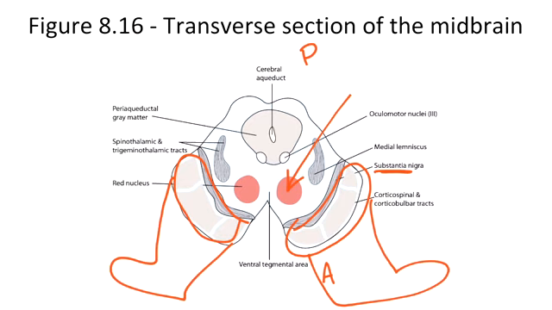Again, as I mentioned on the previous slide, many of the cranial nerve nuclei span large segments of the brainstem. However, as a general rule of thumb, the nucleus of the cranial nerve can be found wherever the peripheral branch emanates from the brainstem. So, for example, the peripheral branches of cranial nerves 3 and 4 emanate from the midbrain. So we can deduce that the nuclei for these cranial nerves must also be in the midbrain.